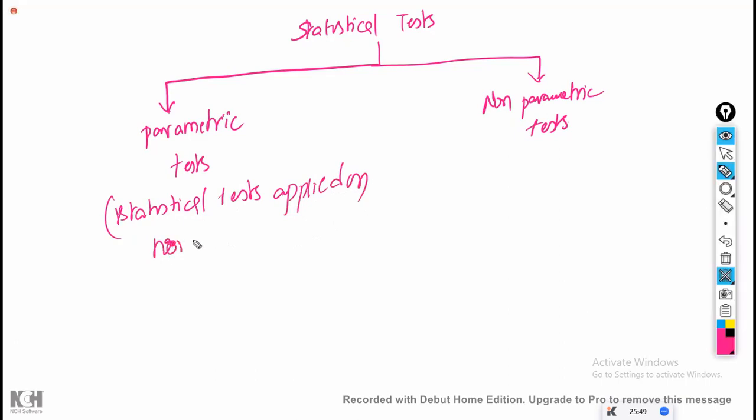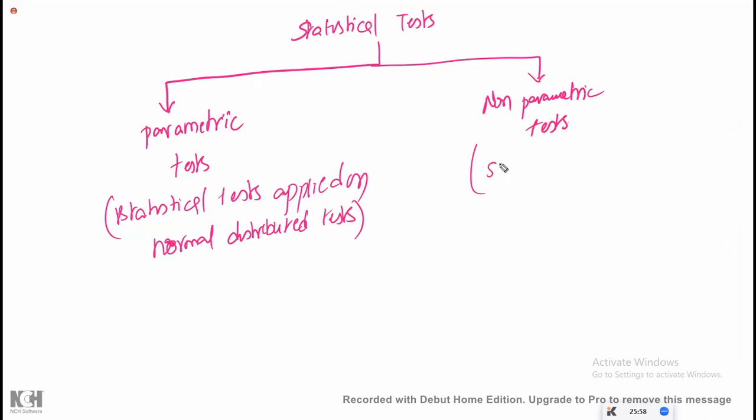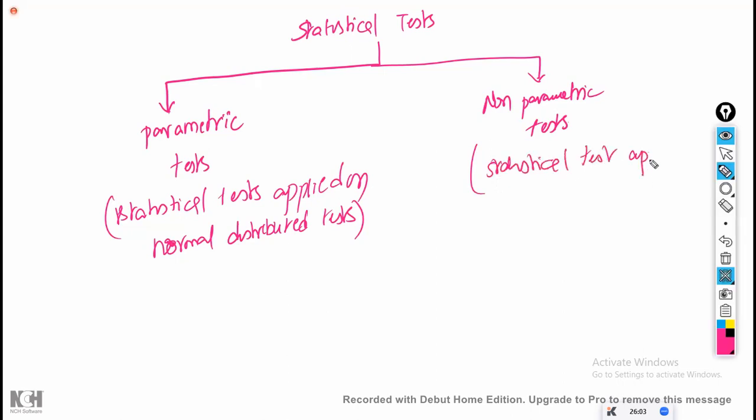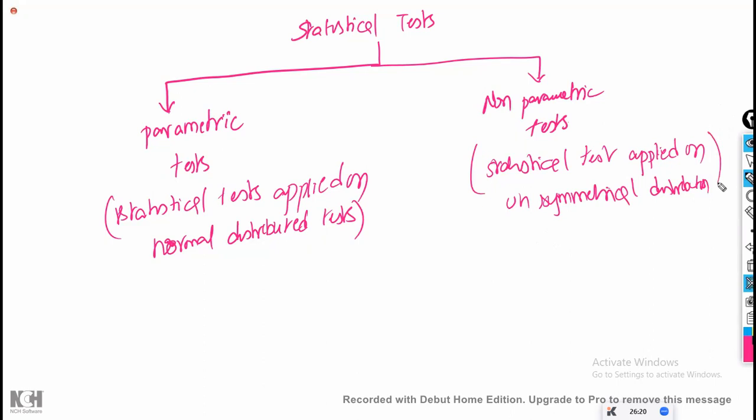If you are applying them on normally distributed data, they are called parametric tests. If you are applying the statistical tests on unsymmetrical distribution data, which is also called skewed distribution, then they are called non-parametric tests.